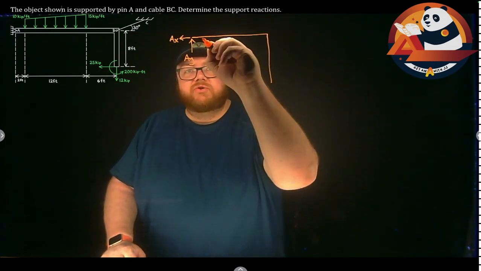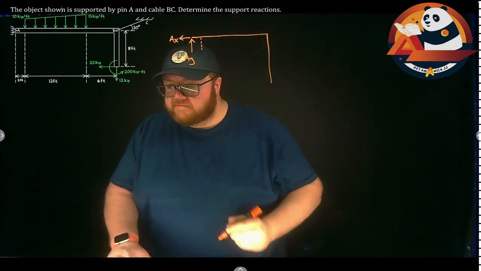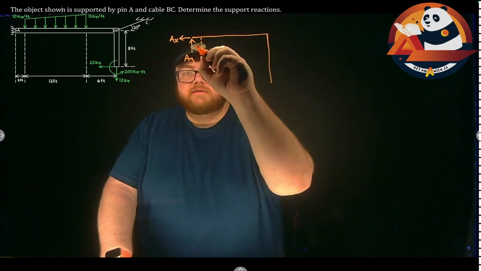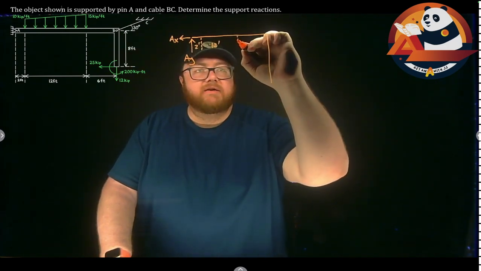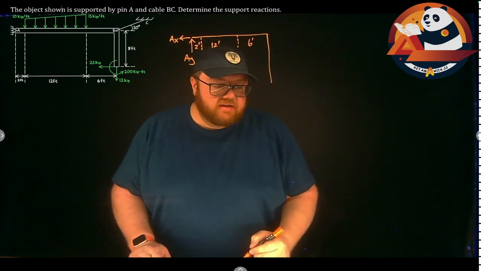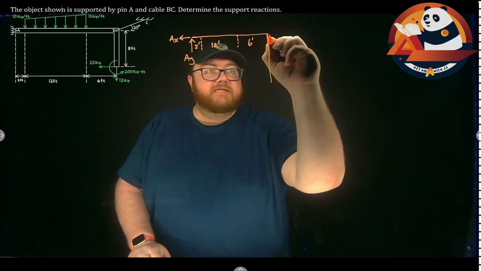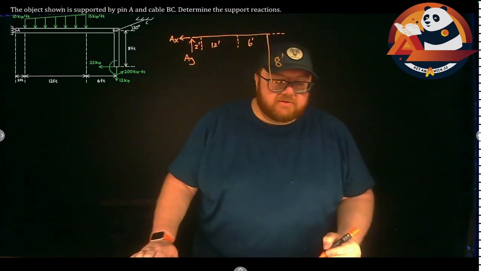I have my trapezoidal distributed load on here. It starts 2 feet in, and goes for the next 12 feet. We'll say that ends about right here. And then there's 6 feet to get out to the right edge of this. Going down, we drop down 8 feet. So I can get that labeled as well.